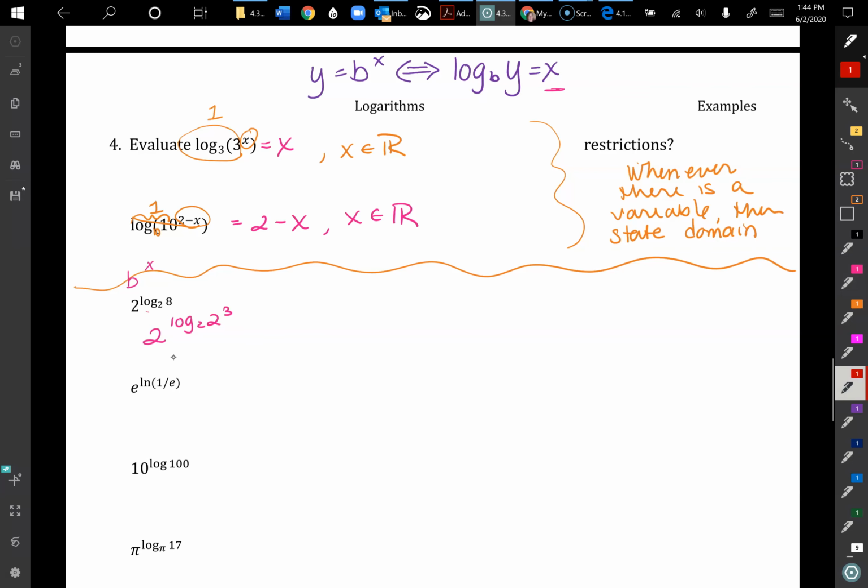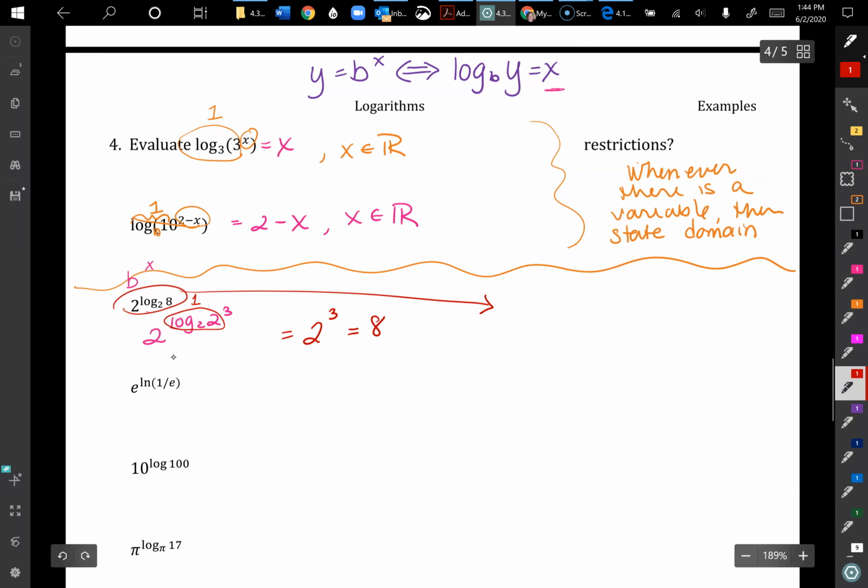So then I know that log base 2 of 2 is actually equal to 1, right? So then I'm left with 2 cubed, which equals 8. So this whole thing here, 2 to the log base 2 of 8 equals 8.